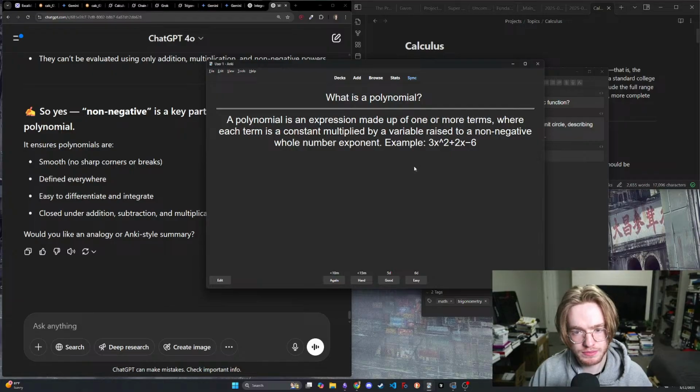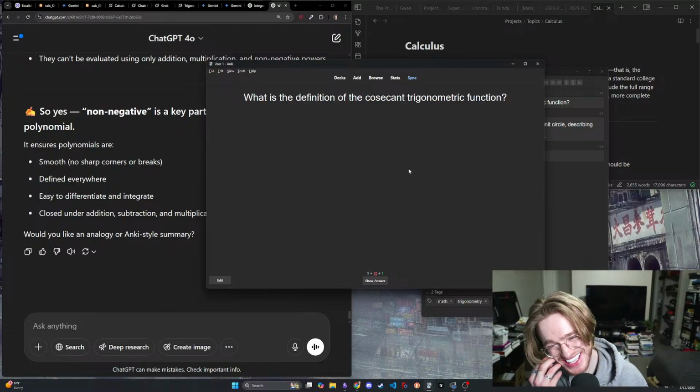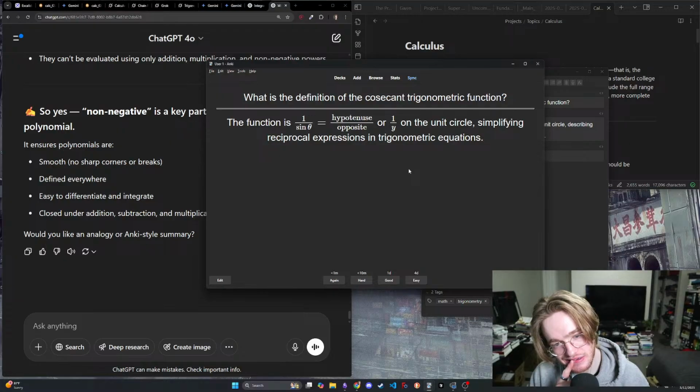Okay, so feel good about that. The cosecant is the opposite of the sine, and so this would be hypotenuse over opposite, or 1 over y. Nice.